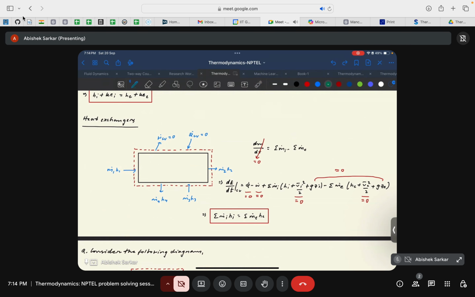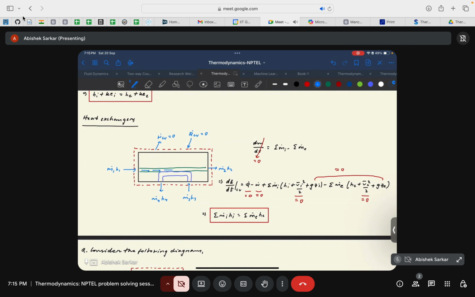So there might be a certain fluid passing through this duct, and this other fluid might be passing through this duct.